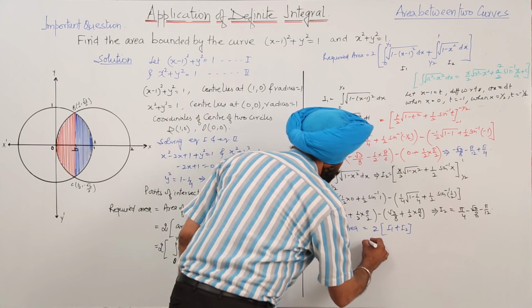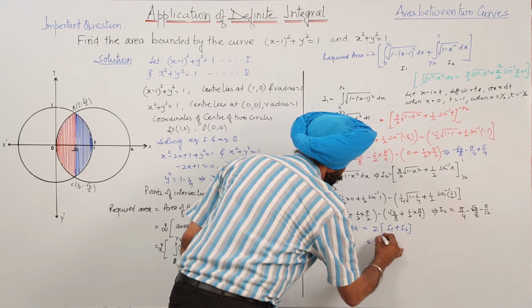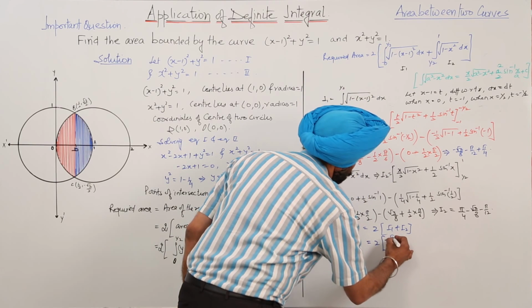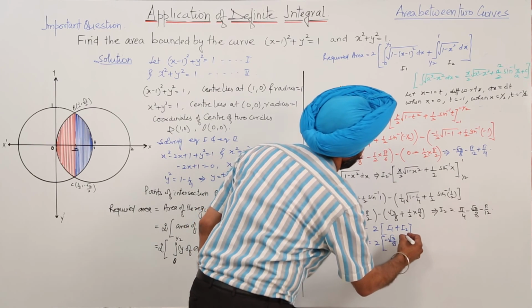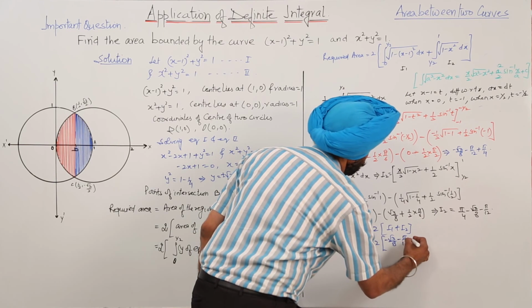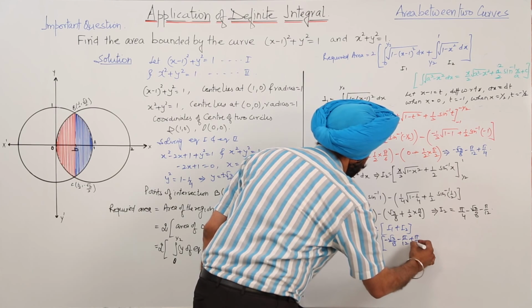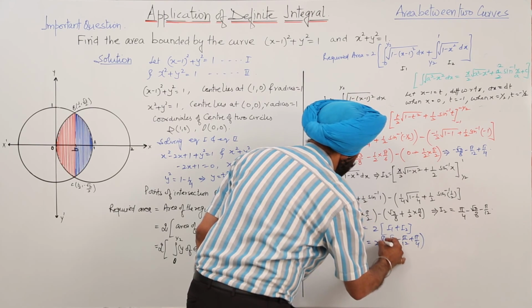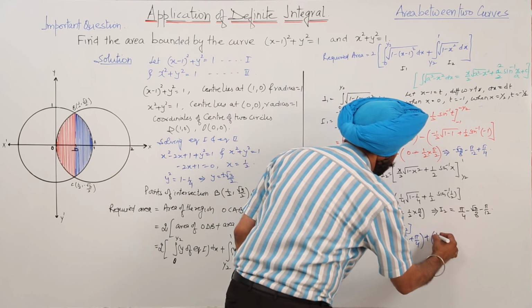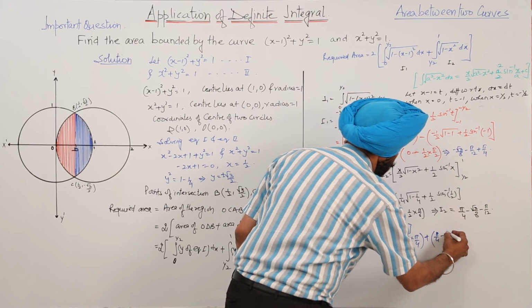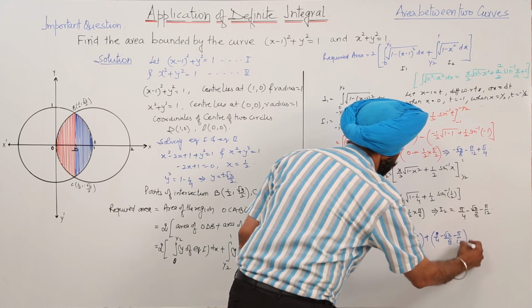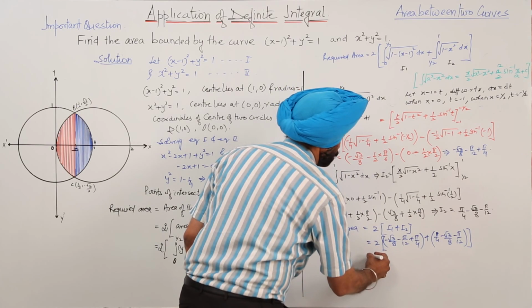Now this is equal to twice of (−√3/8 − π/12 + π/4 + π/4 − √3/8 − π/12).